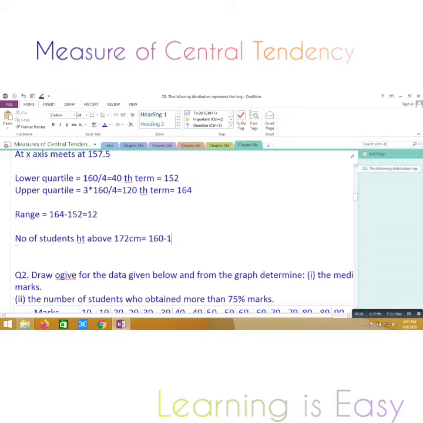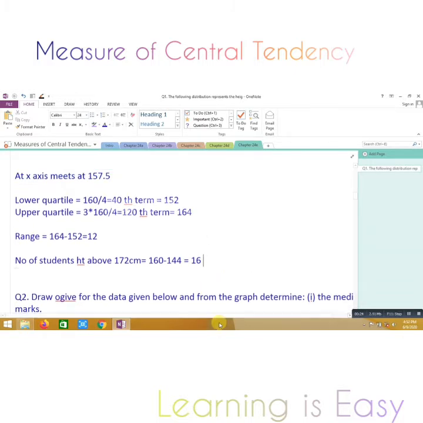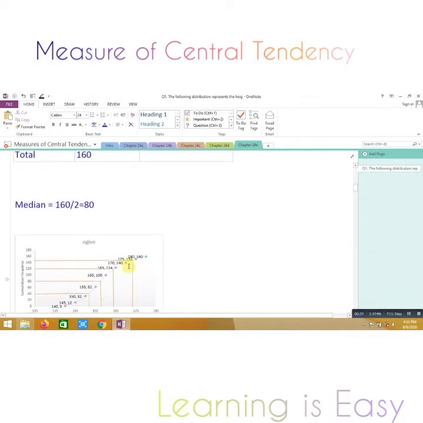So 160 minus, it meets at a point 144. So 16 students are of height greater than 172 centimeter, as upper limit is 160.